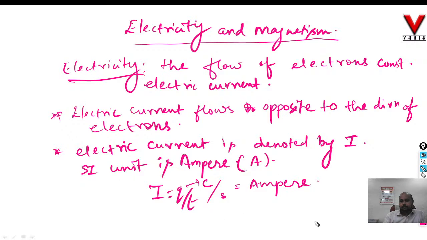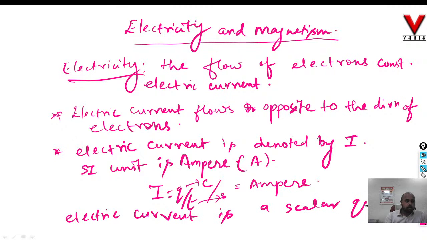Electric current is a scalar quantity. Any doubt so far? Please ask me if you have any doubt.